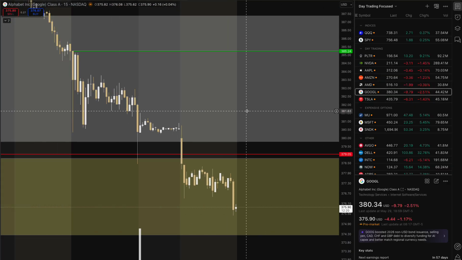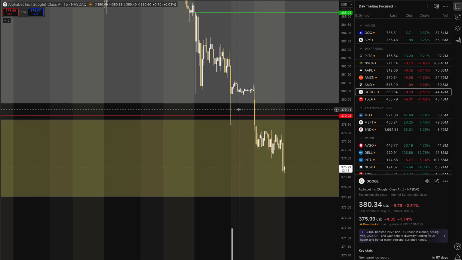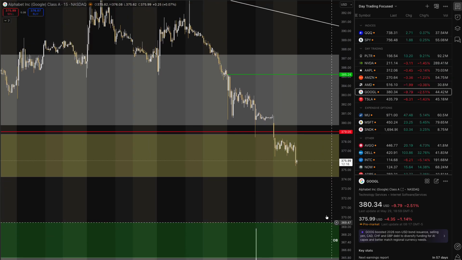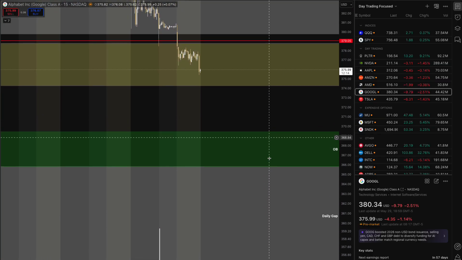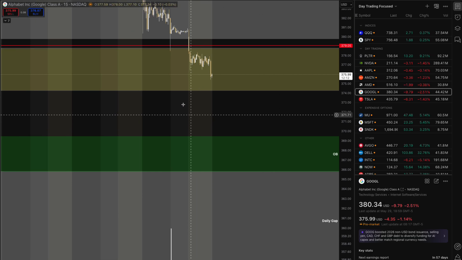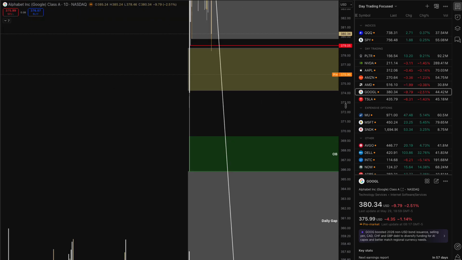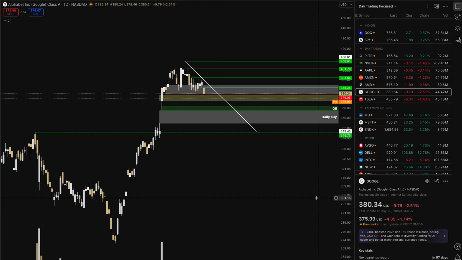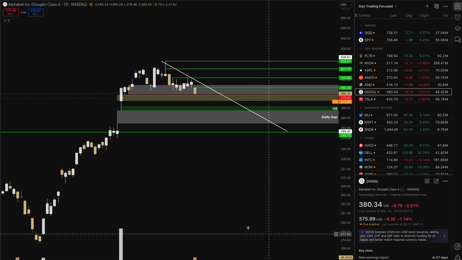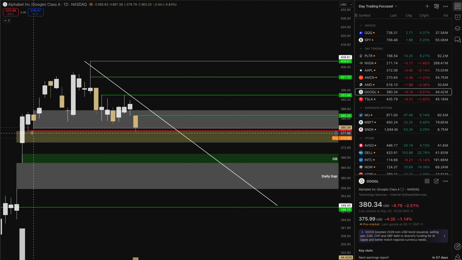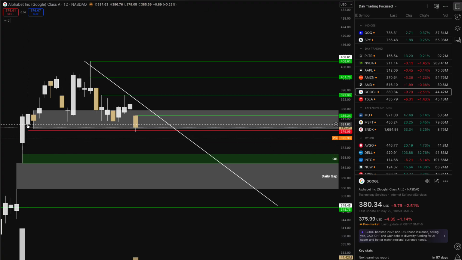Google has already broken below the previous day low, I guess. So majority is gonna go for the gap fill now. If you go on a daily chart, as you can see, this red level is the low we had.